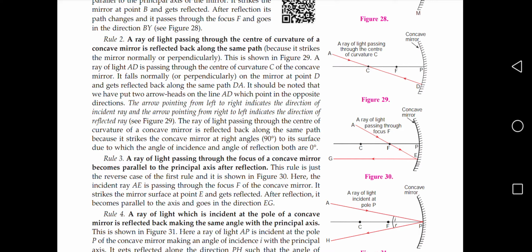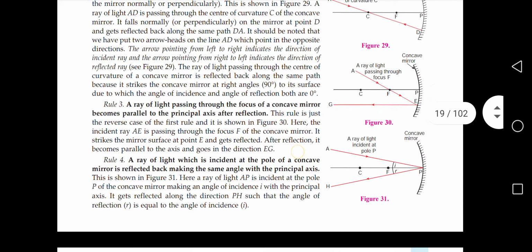So if a ray of light passes through principal focus, then after reflection it is going to emerge parallel to the principal axis. Okay, so this is exactly opposite to the first rule. In the first rule, if a ray of light is parallel to the principal axis, then after reflection it will pass through principal focus. Now if a ray of light is passing through principal focus, after reflection it will become parallel to the principal axis. That is the third rule.